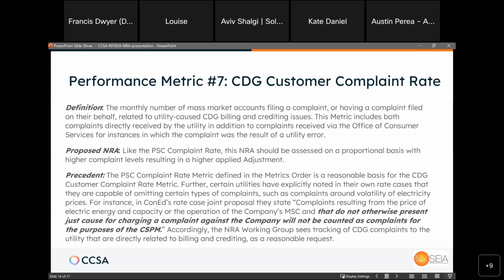And so depending on the customer, it could be their DER provider, it could be a utility advocate, it could be a municipality, it could be a social service entity, right? And so we need to make sure that there's a way for all of those entities who are getting involved and have been involved to actually file complaints on behalf of those customers, and that they also count for the trigger. Okay, that's that. Next slide.